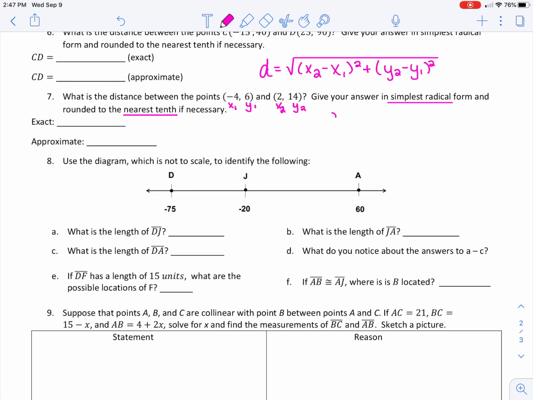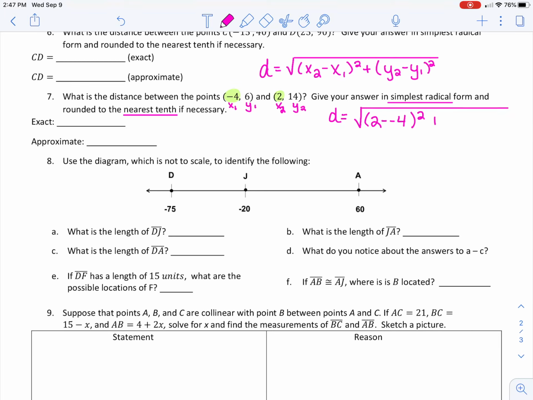So I'm going to say distance is equal to x2, which we know based on what we filled out, is a 2, and then we have minus our x1, so minus a -4, that quantity squared.